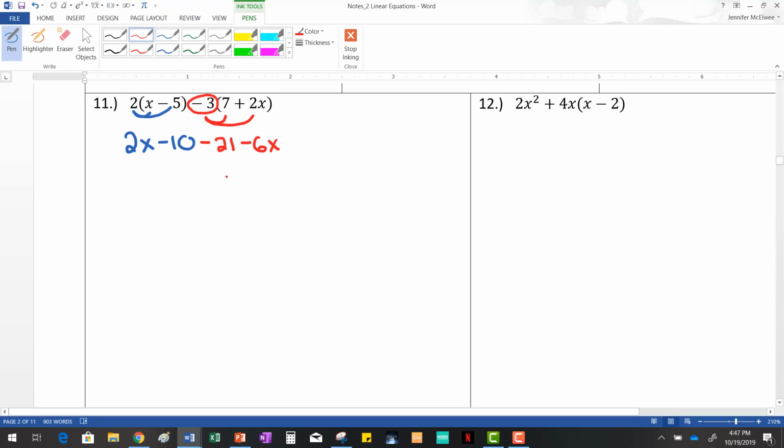From here, I combine like terms. I see a pair of variable terms, 2x and a negative 6x. That will give me negative 4x. And then I have a pair of constants in the middle. So negative 10 and negative 21 will give me negative 31.